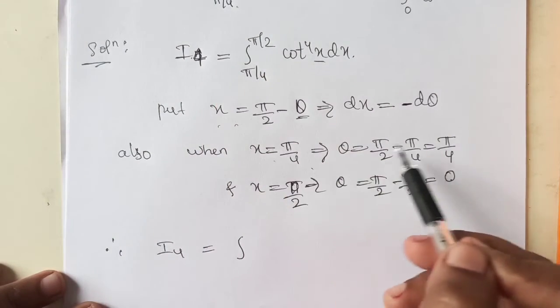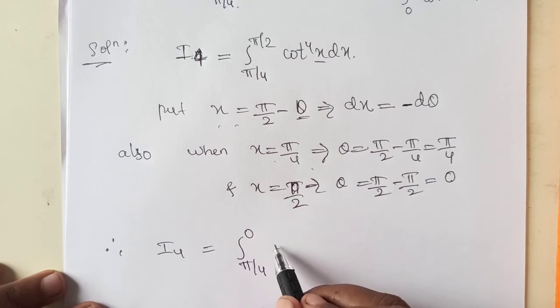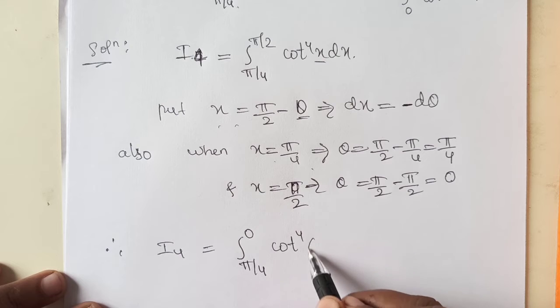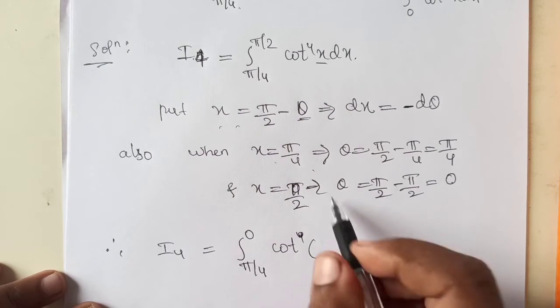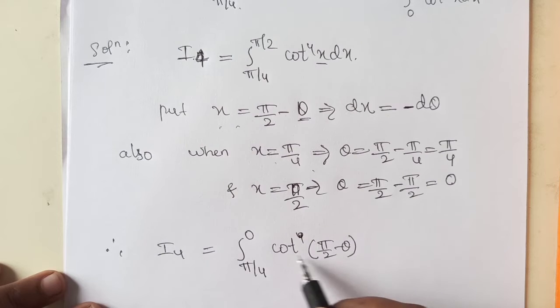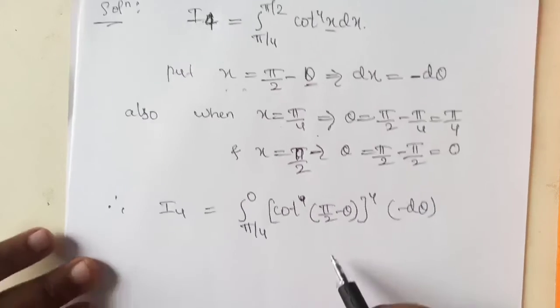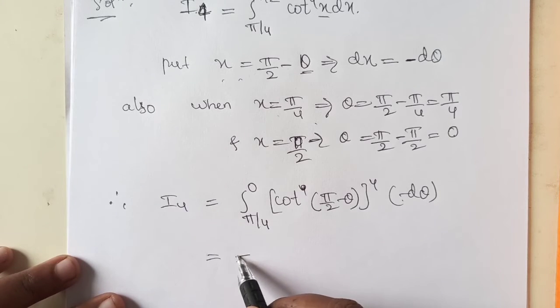Therefore the given integral can be written as I4 equals the integral from pi by 4 to 0 of cot power 4 of pi by 2 minus theta into minus d theta. This minus can be taken outside.